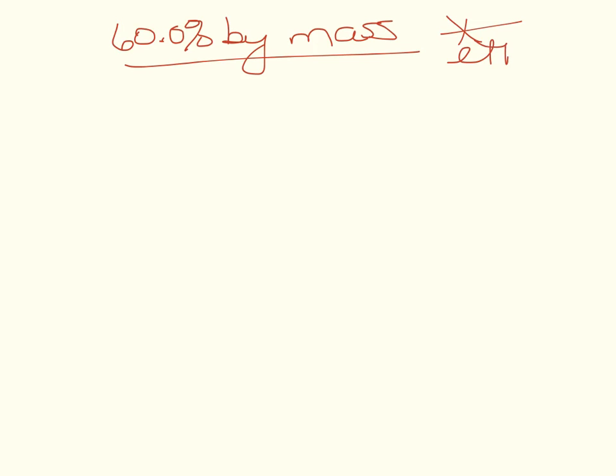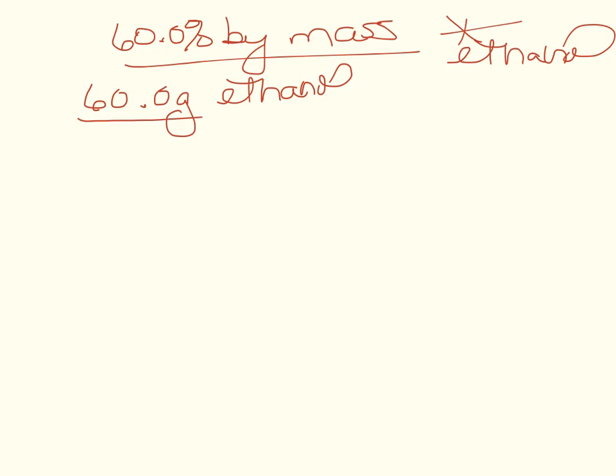So the first thing to do, as always, is to write out the formula of what you know. So you were given that there's a 60% by mass, all right? What exactly does that mean? That's usually the key to doing these conversions that involve one unit to the other. 60% by mass of ethanol, that's the solute, means that there are 60 grams of ethanol in 100 grams of total solution.